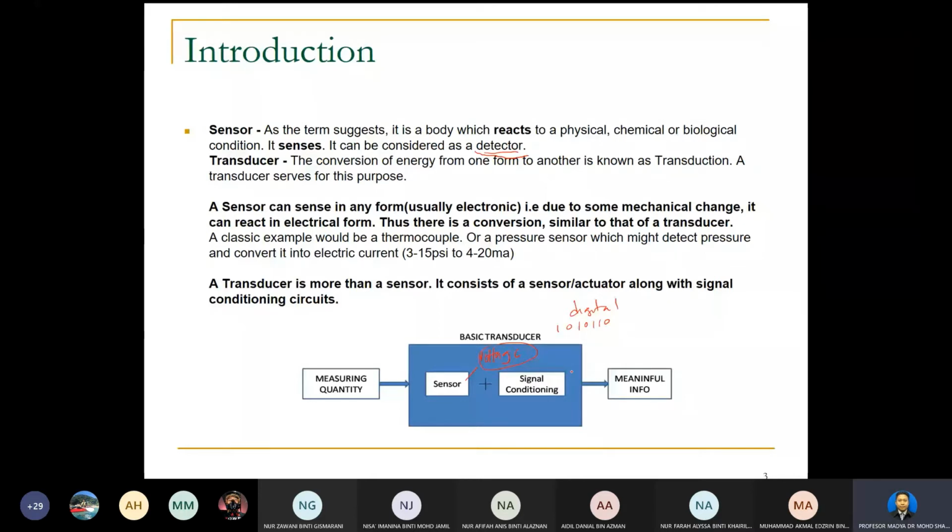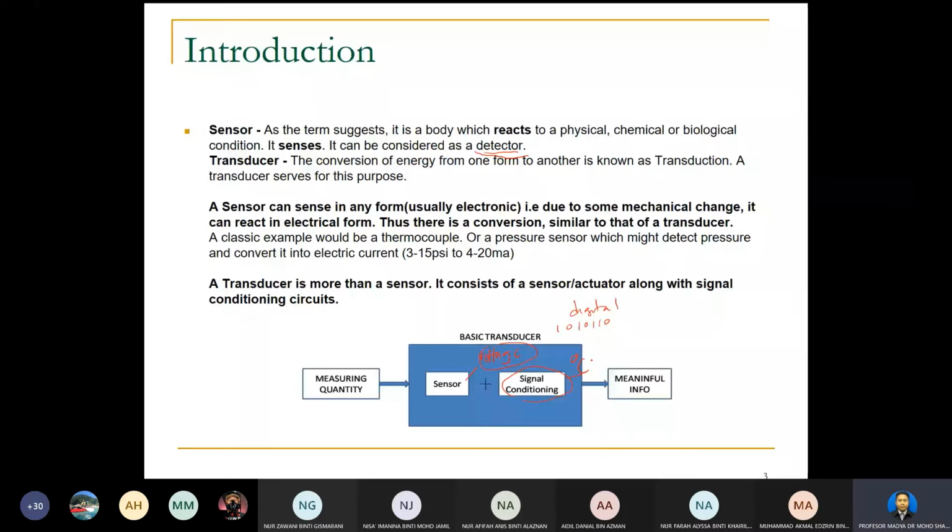For example, for temperature, from voltage to Celsius. That's why we need the transduction element or signal conditioning. That means it converts the output of the sensor to the output that you want, like temperature or another form of the quantity that you want to measure.